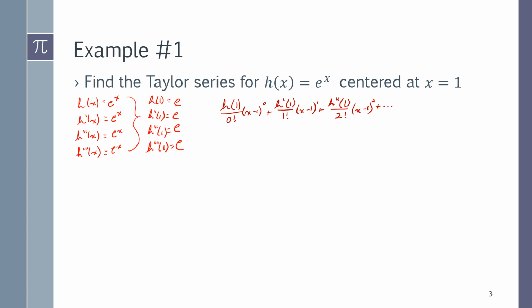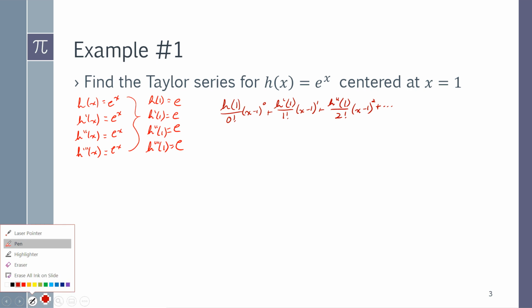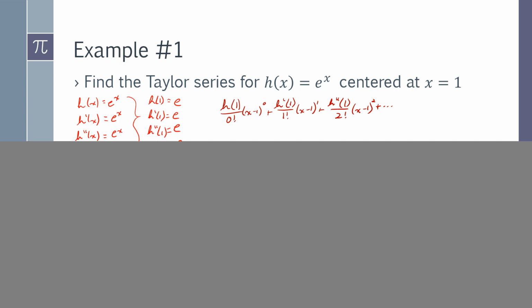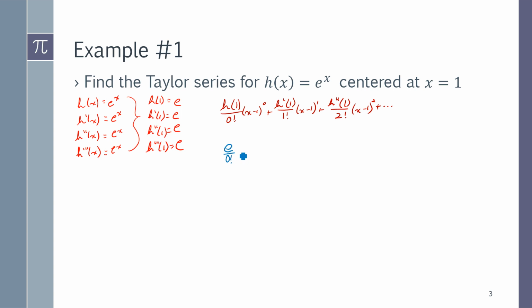So I'm going to be plugging in my values here. That's going to give me e over 0 factorial times x minus 1 to the 0. I am purposefully not doing a whole lot of simplifying here because unsimplified will be easier to see patterns.